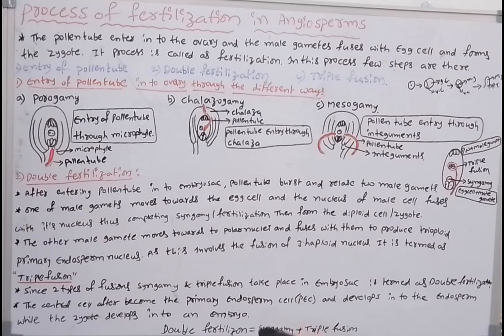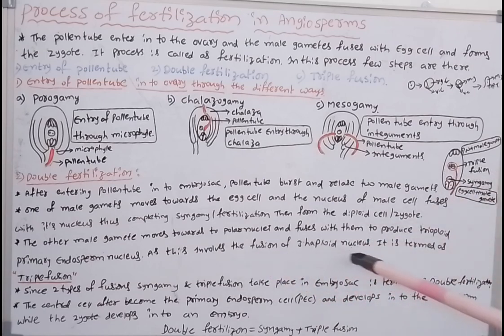PEC means primary endosperm cell. Syngamy means one male gamete fuses with the egg cell. Next, another male gamete fuses with the polar nuclei and forms the triploid primary endosperm nucleus, as this involves the fusion of three haploid nuclei. These are two polar nuclei and one male gamete.